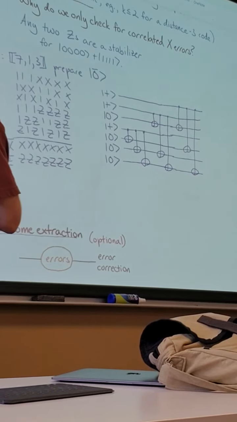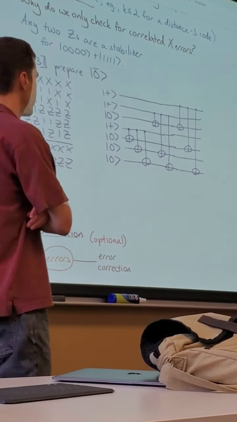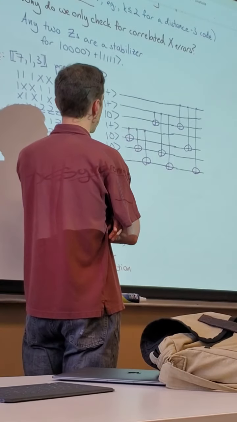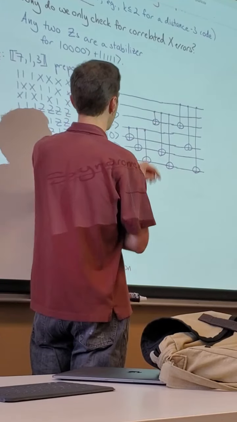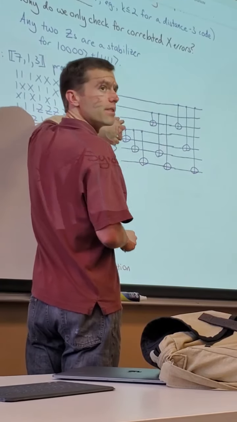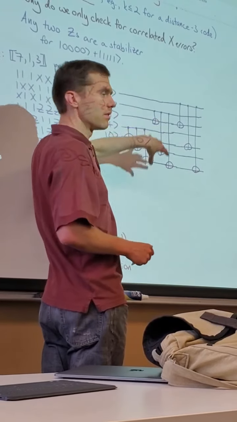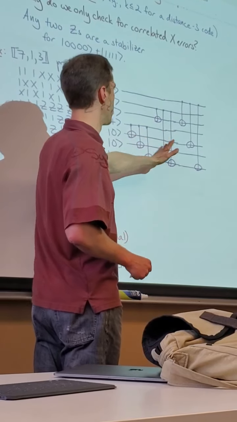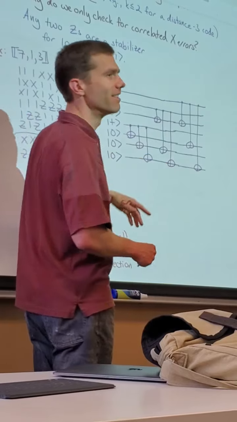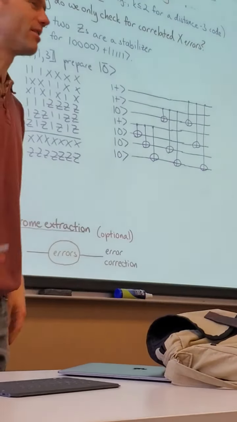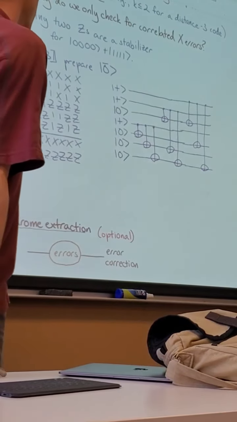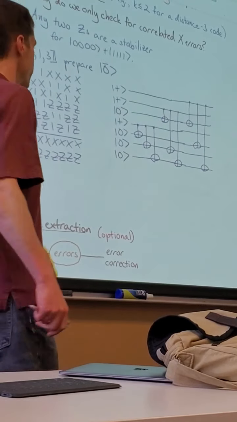I guess in practice, you'd want to parallelize some of these. For example, this gate can be applied at the same time as this gate, because they involve different qubits. So if you wanted to, you could do this in just 3 rounds instead of 9 rounds. But whatever, that's sort of an optimization. Right, so this gives us the X stabilizers.